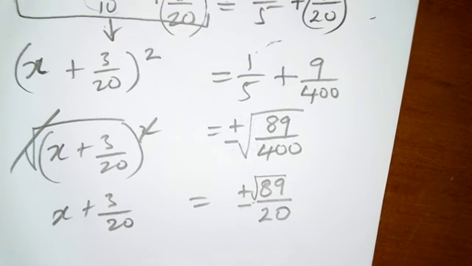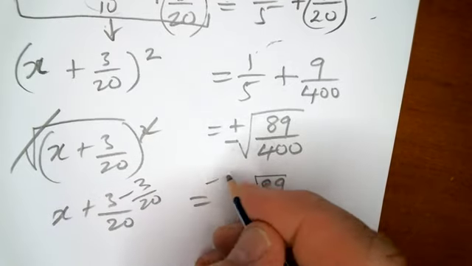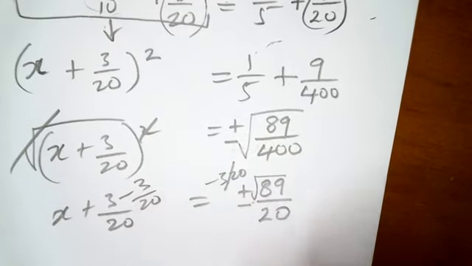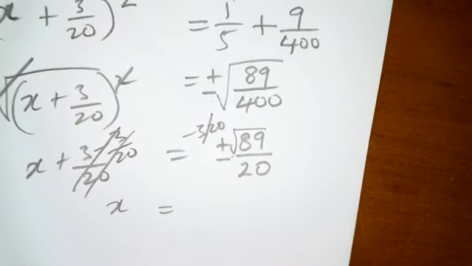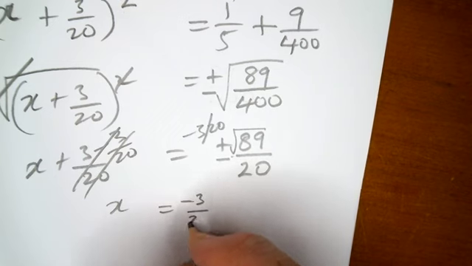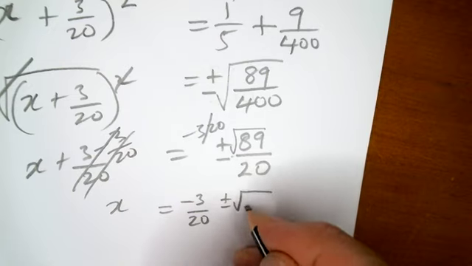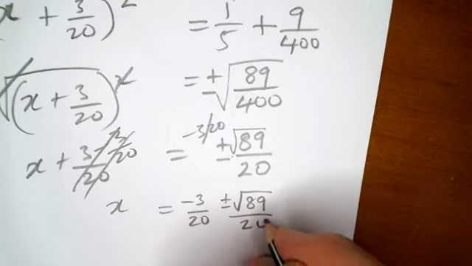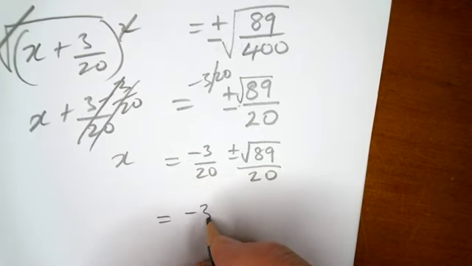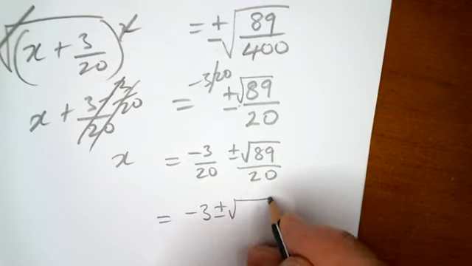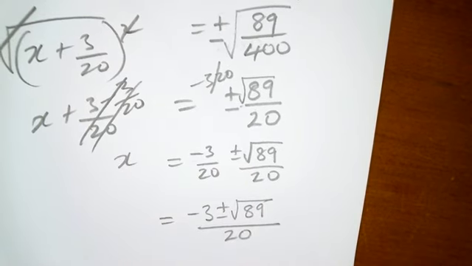Because I'm going to subtract 3/20 from both sides, x now is equal to negative 3/20 plus or minus root 89 over 20. Now you can see I've got a common denominator here. So I could restate that as negative 3 plus or minus root 89 all over 20. And that would work just as well.